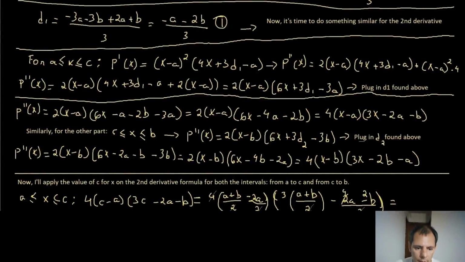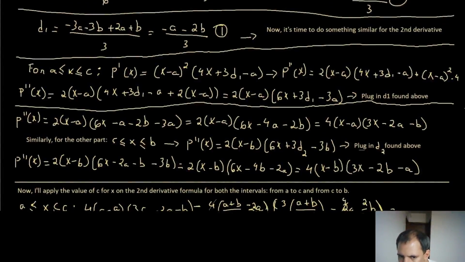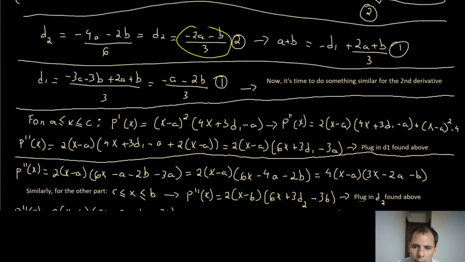You're going to do a similar thing for the other part. So you have the second derivative of p of x, which depends on d2, and you're going to plug in the previous value of d2 that you found, which was here: minus 2a minus b divided by 3.